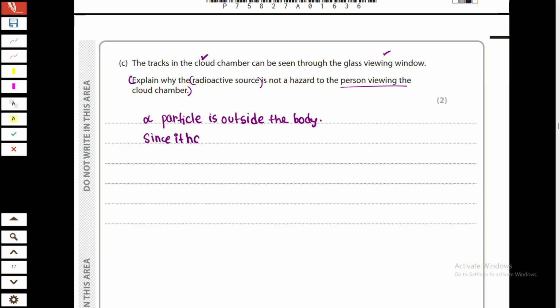And the second point would be that since it has a poor penetrating ability, it can't penetrate the glass or the cloud chamber.